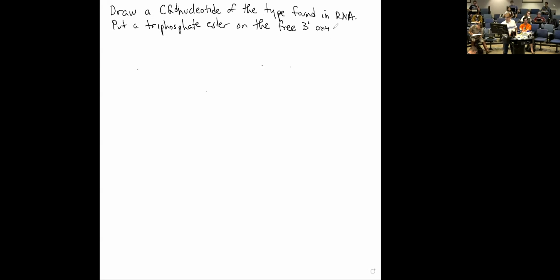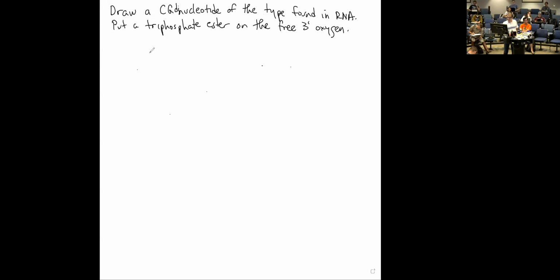We'll draw a CG dinucleotide of the type found in RNA, and just to make it official, put a triphosphate ester on the free 3' oxygen.